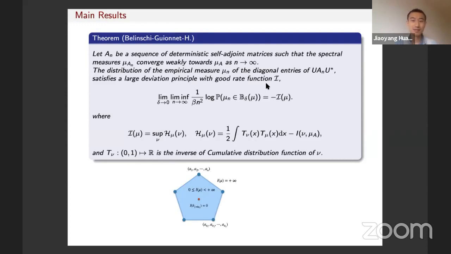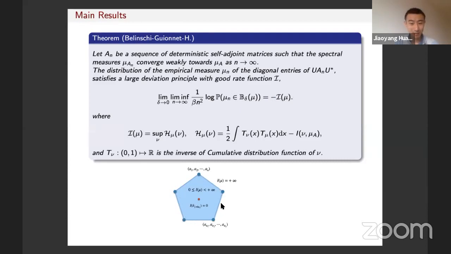I want to emphasize that this rate function I is actually pretty good. It's convex and proper. More importantly, it characterizes this polytope. If mu is outside this polytope, then I(mu) is infinite, because this probability will be zero, so the log will be minus infinity.